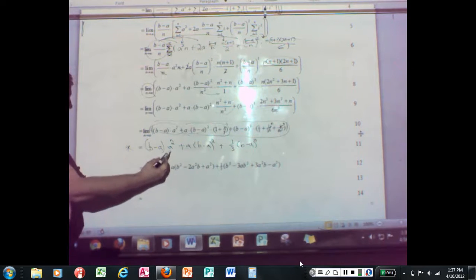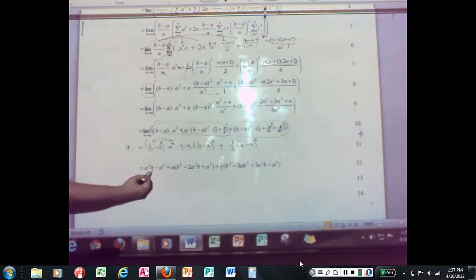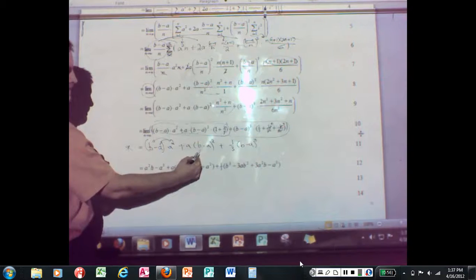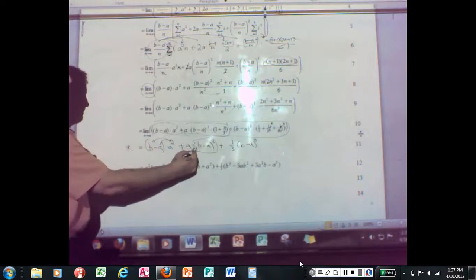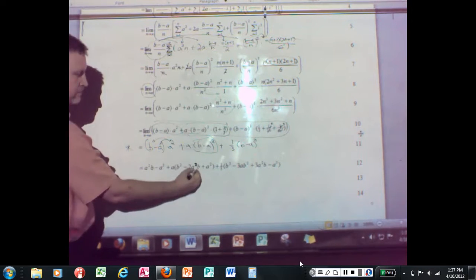Okay, so what did I do on line 12 here? Well, I distributed the a squared, so it'll be a squared times b minus a cubed. Then I multiplied here. Go ahead and square the b minus a out, so I get b squared. Oh, I see what you're saying. That should be minus 2ab, not a squared b.